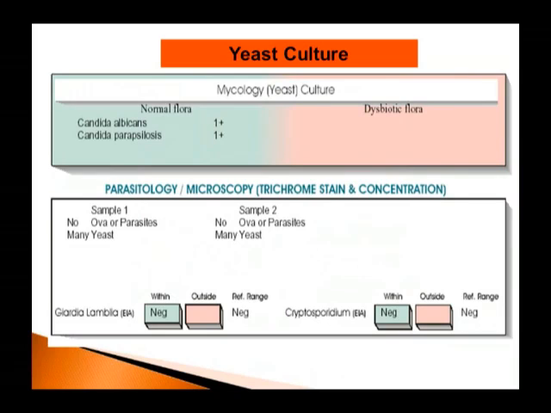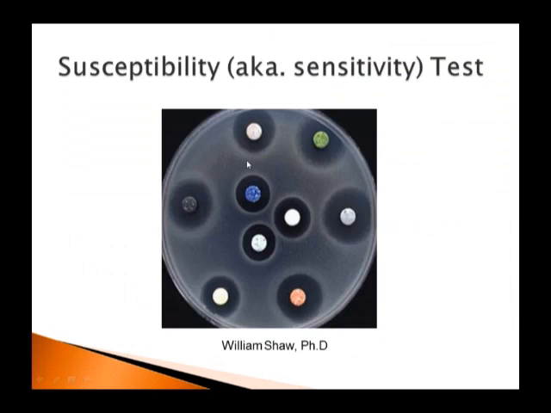But if yeast does show up, the same thing applies as if bacteria shows up under the dysbiotic section. They'll end up doing a sensitivity test where they look at yeast culture in a petri dish, and then they'll add different substances. And these little pellets could be an antifungal, it could be an herbal remedy, and then you look for what's called a kill zone that emanates from that tablet to tell you the overall effectiveness of that particular remedy.